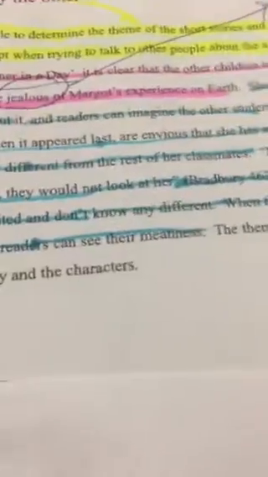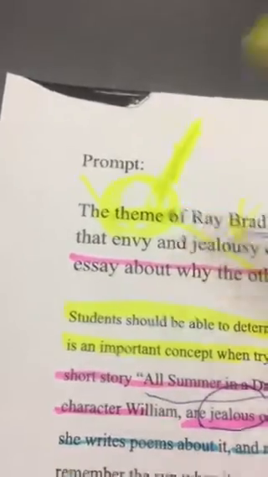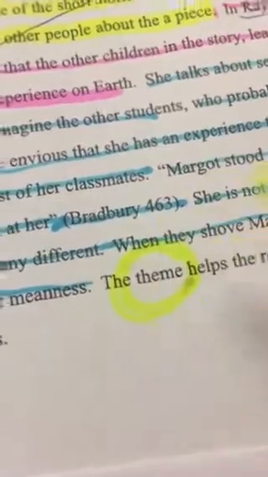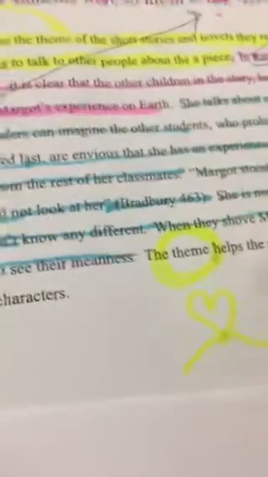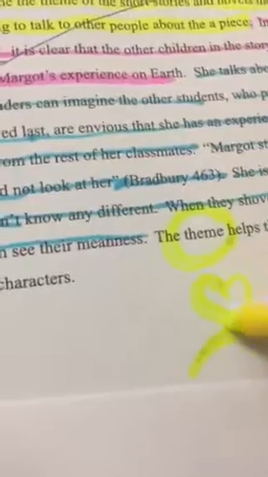Now, here, this last sentence is your conclusion sentence. Remember up here, we determined the purpose of your paper is about the theme. You want to include that word back in this. And just to tie it up and put a nice little bow on your paper. So it looks more like a heart with legs, but anyway, it's supposed to be a bow.